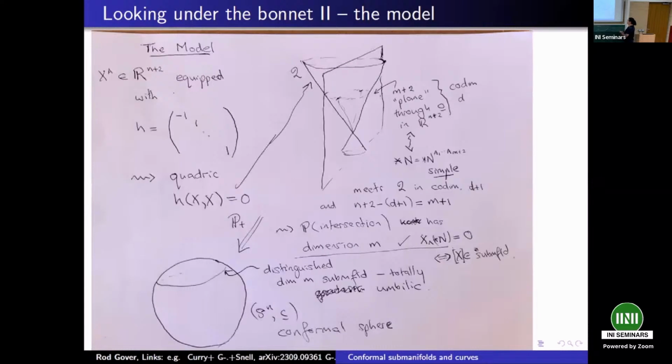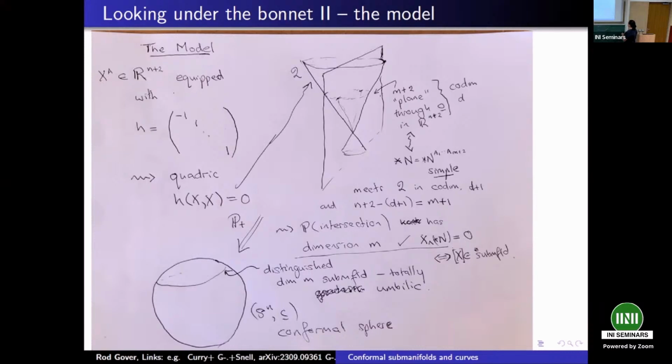Totally umbilic subspheres. Totally geodesic wouldn't really make sense, since this is a conformal structure. But on a round sphere, the totally geodesic ones, of course, are the spheres that share the origin with the original sphere.